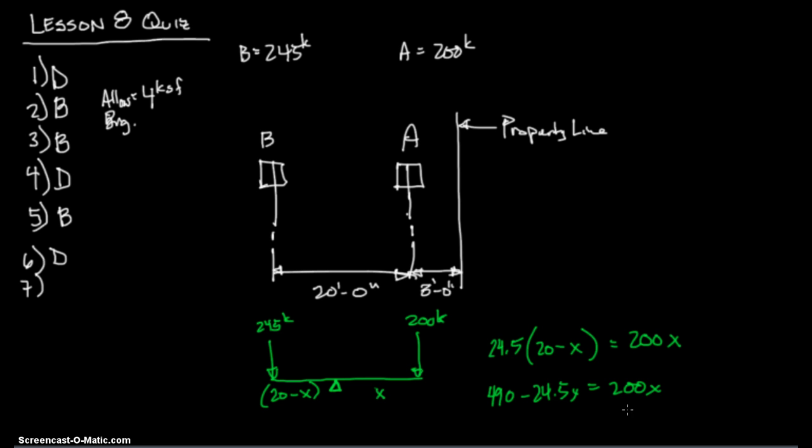Let's add that to the other side, because remember it's plus 24.5x, so you're going to have 224.5x equals 490. Divide each side by 224.5, and x equals 490 divided by 224.5. You get 2.18 foot.